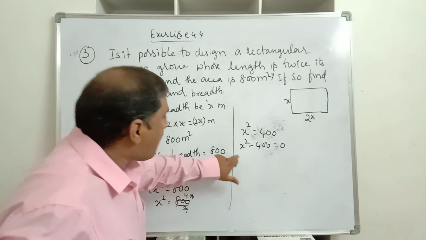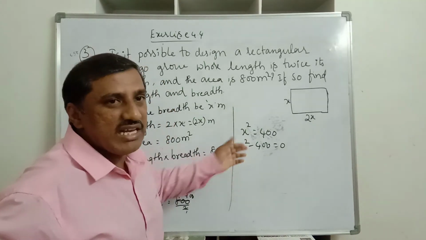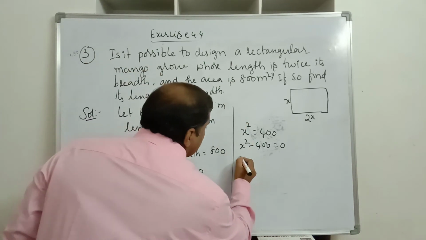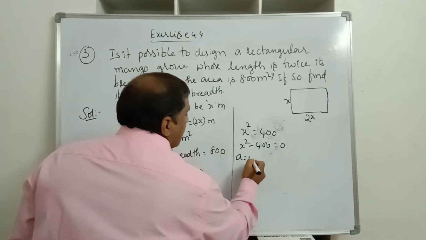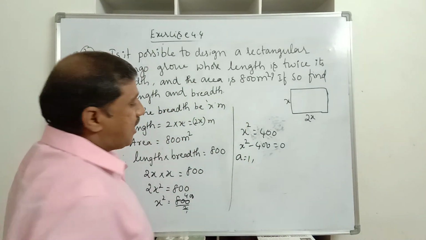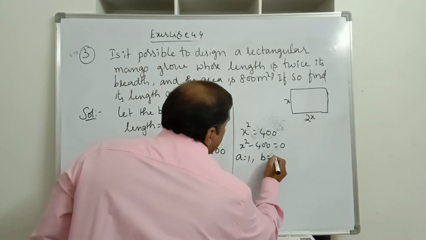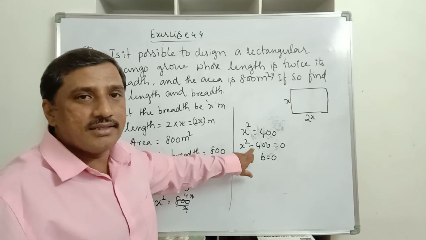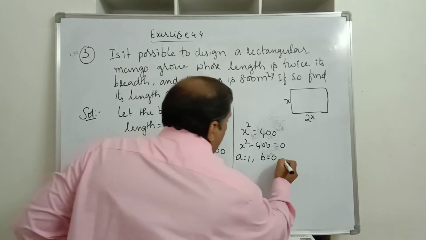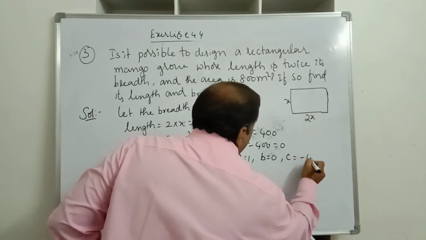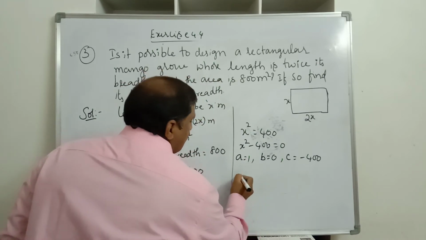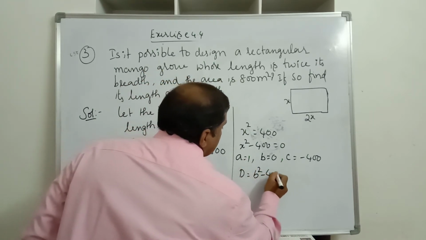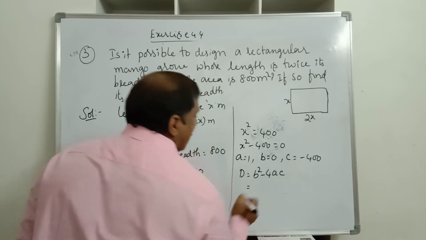Compare this quadratic equation with the general form of a quadratic equation and write a is equal to 1, the x square coefficient, and b is equal to 0. Why is it 0? Because there is no x term. And c is equal to minus 400.